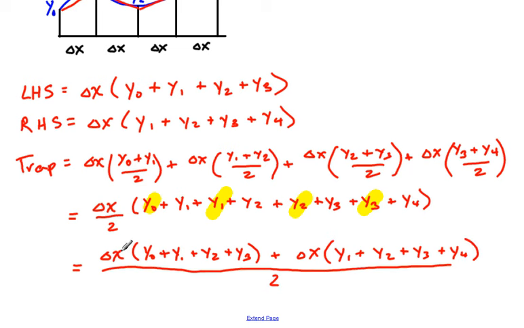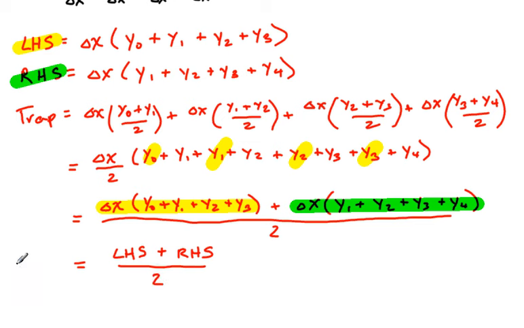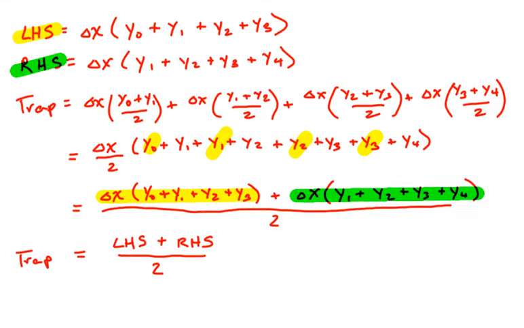This expression right here is the same as the right-hand sum, which means the trapezoid rule is equal to the left-hand sum plus the right-hand sum all over 2. So that's one way to remember trapezoid rule, and probably the easiest way. It always works, and certainly our book uses that way.